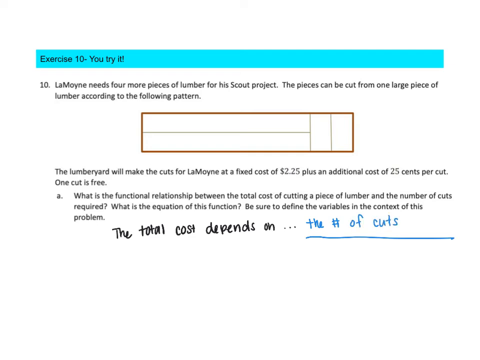Okay? We want to go a little bit deeper than this and write a little bit more about the numbers that they give us. So the cost for cutting is going to be 25 cents per cut, plus an initial fee of, I want you to please write that in.